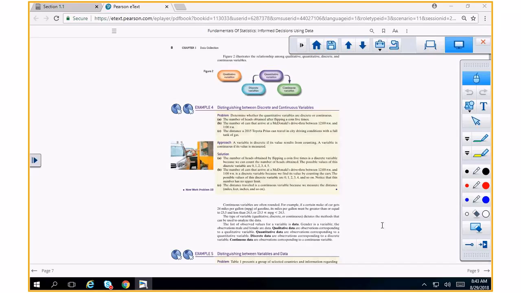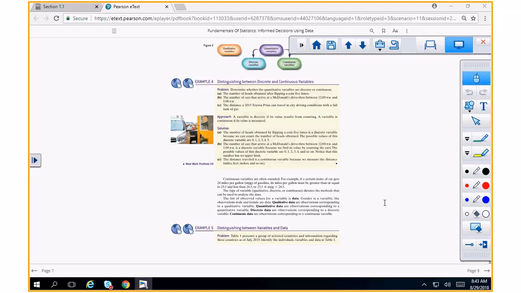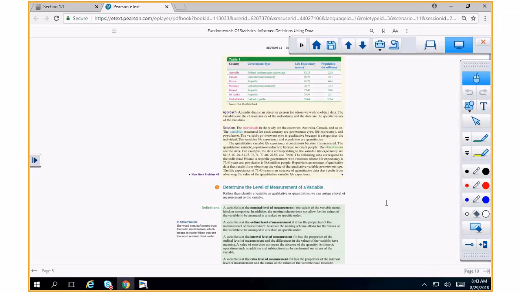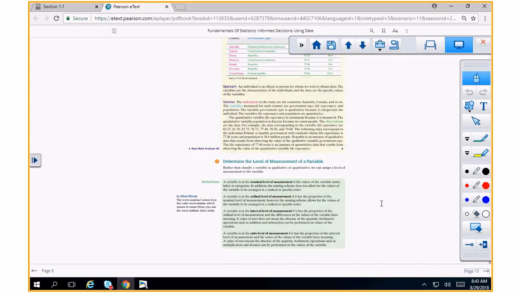All right. There's some more of the discrete, qualitative, quantitative. I'm not going to go through that. Go ahead and write down these levels of measurement. I'm not going to test you on it, but you need to know it for standardized testing, and in the future you may go into a nominal level of measurement, ordinal, meaning order, interval, and ratio.